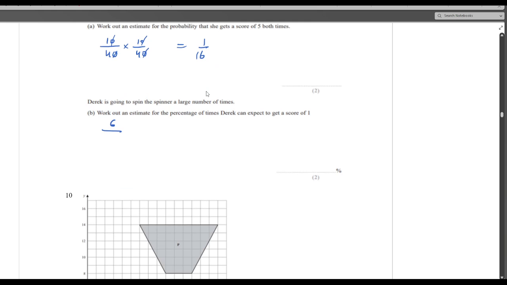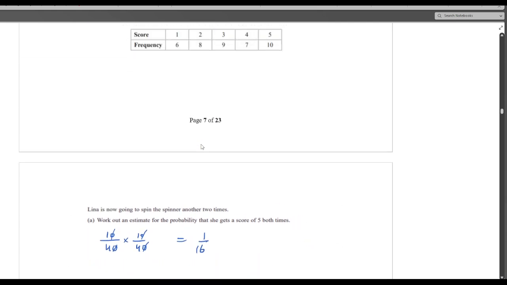So 6 times out of 40 indicates 3 out of 20. For the percentage, I will multiply this by 100, which gives 15. So there is a 15% chance that Derek will get a score of 1.